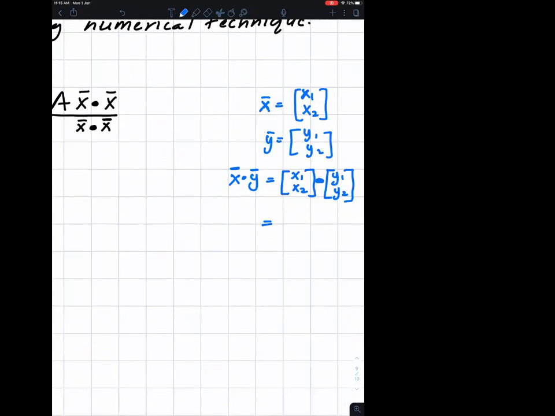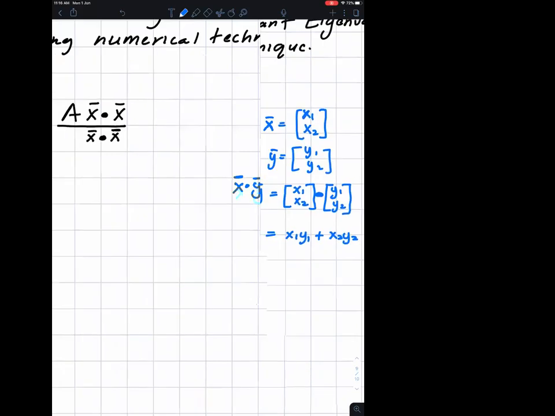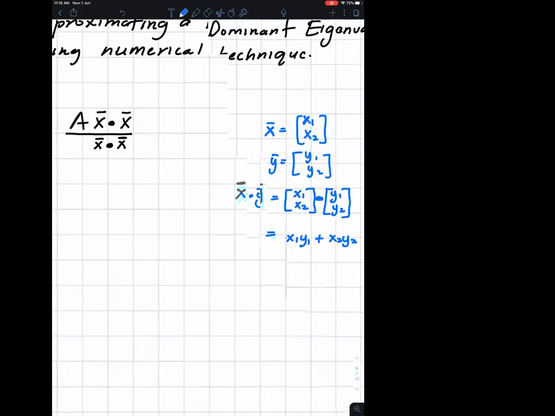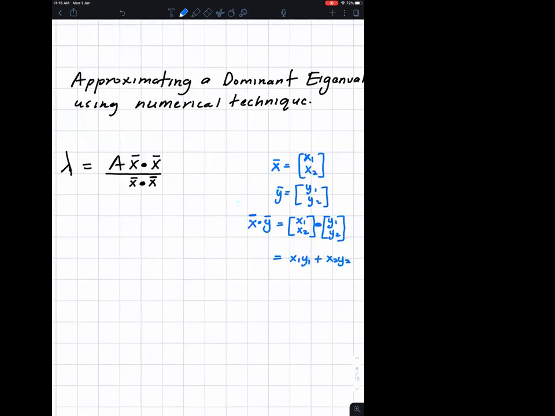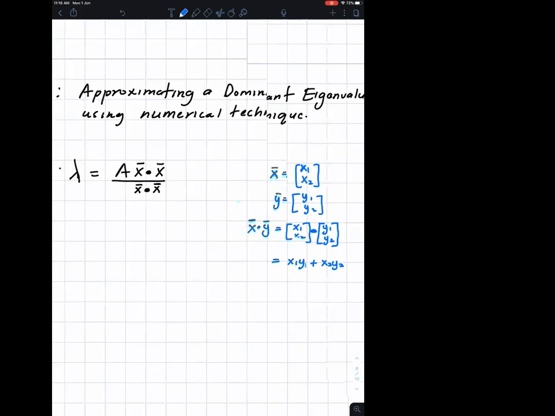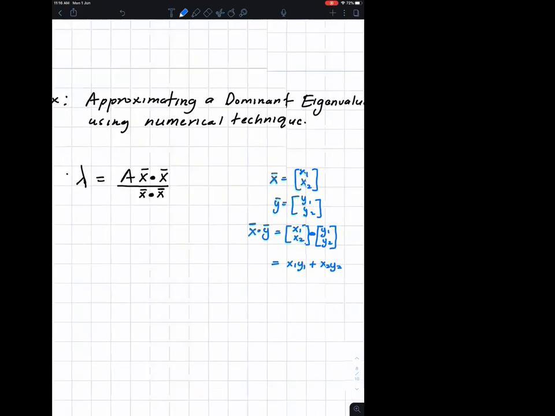What are you going to do? You're going to multiply x1, y1 plus x2, y2. That's the dot product.